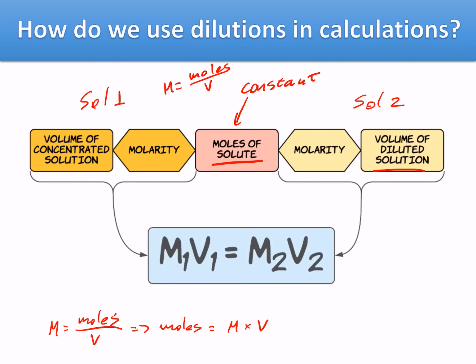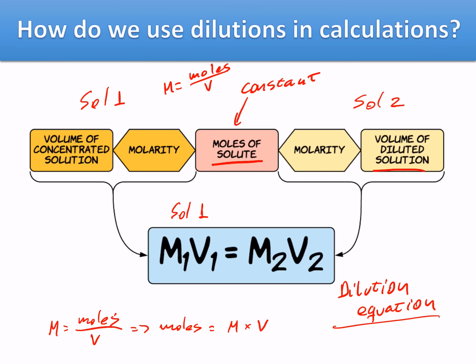And that leads us to the dilution equation. Okay, this is your dilution equation. And remember, it's only for dilutions. More on that as we move through the class. But this is just your solution 1. And it doesn't matter if you call that the concentrated or the diluted.